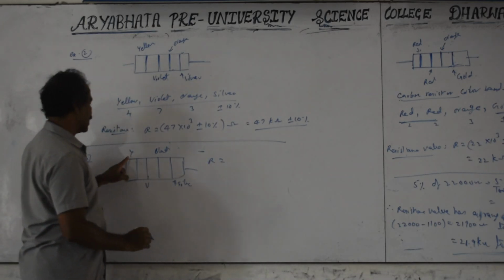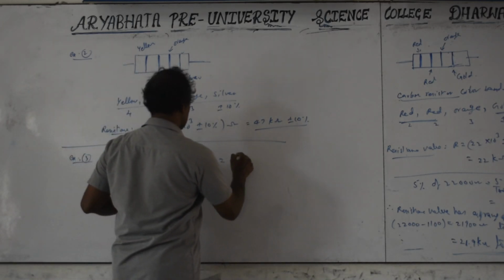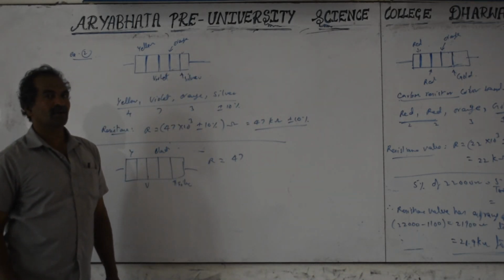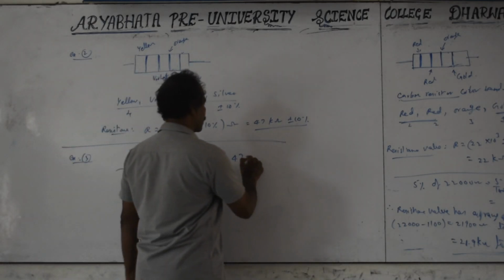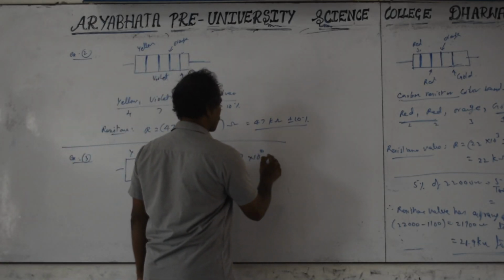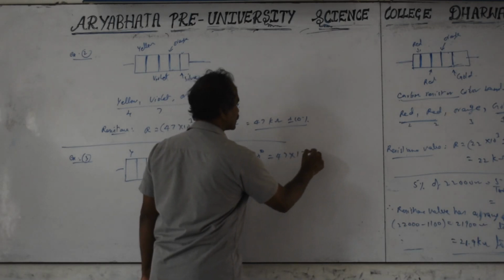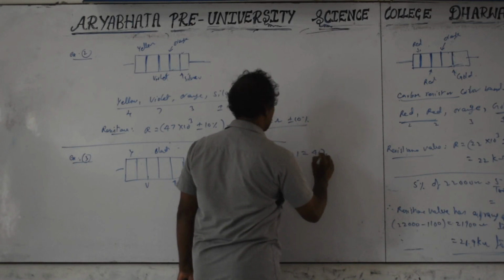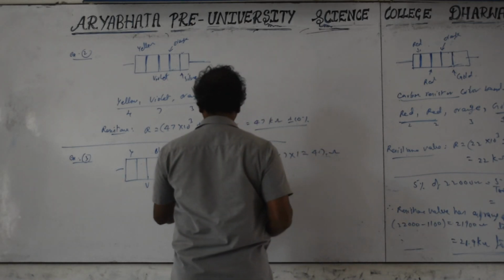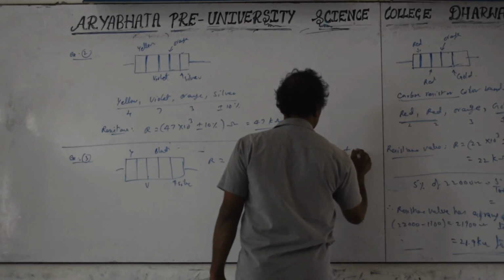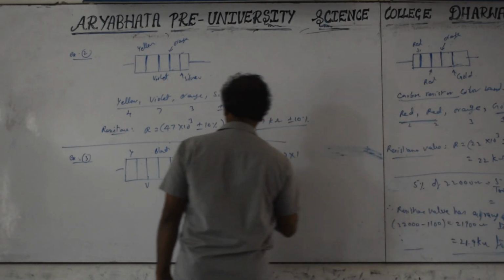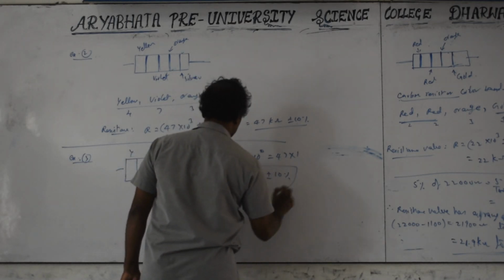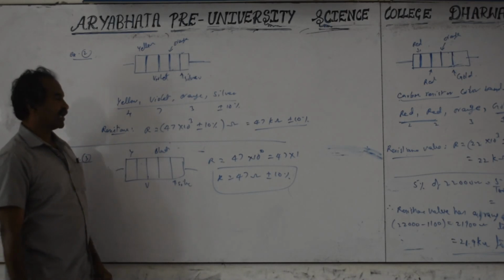Yellow is 4, violet is 7, and this is 0, so 10 to the power of 0. 10 to the power of 0 is how much? 1. So 47 into 1, how much is it? 47 ohms. The value is 47 ohms. And the error is there. Silver means plus or minus 10%. So our value is 47 ohms plus or minus 10%.